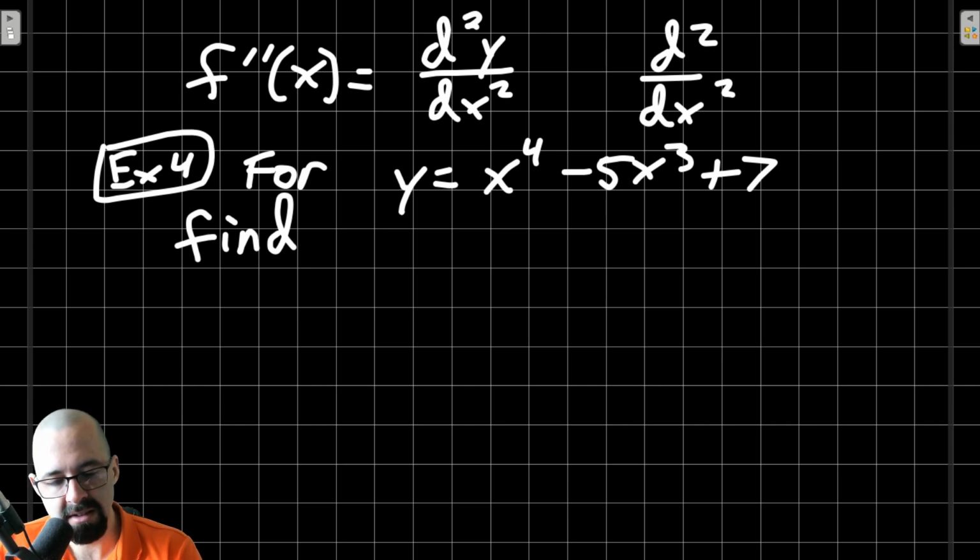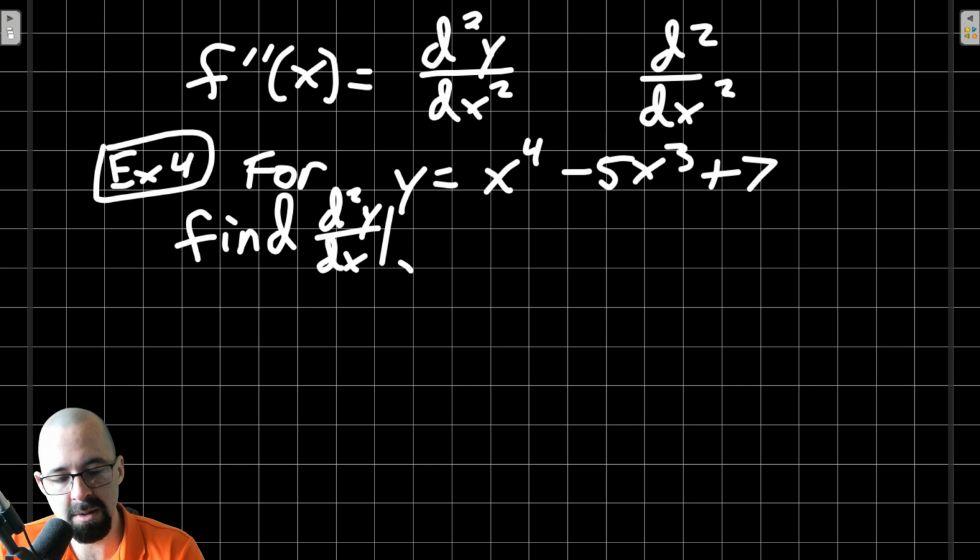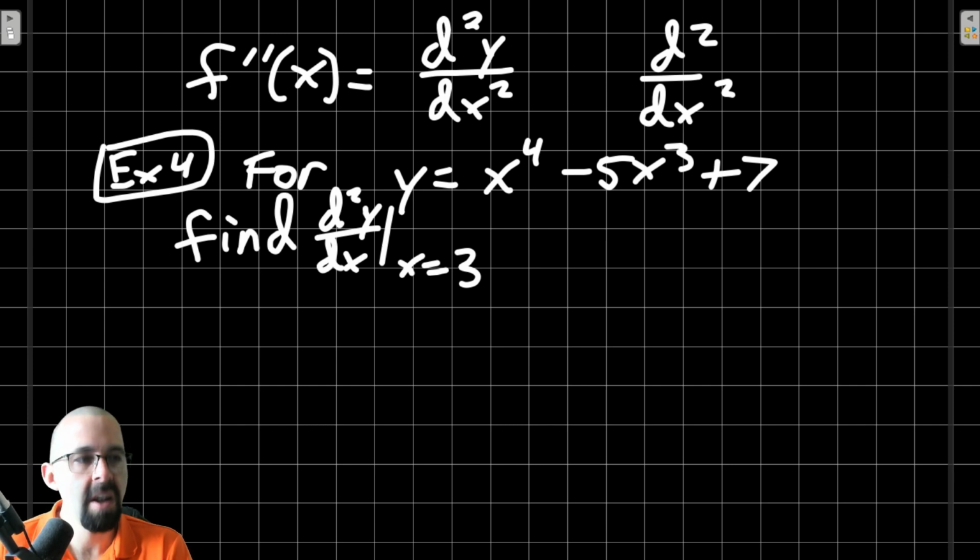I want you to find the second derivative of y with respect to x evaluated at x equals 3. So that vertical bar worked for second derivatives too. Perfect. So first we have to find the first derivative, then we have to find the second derivative, and then we have to plug in the number.